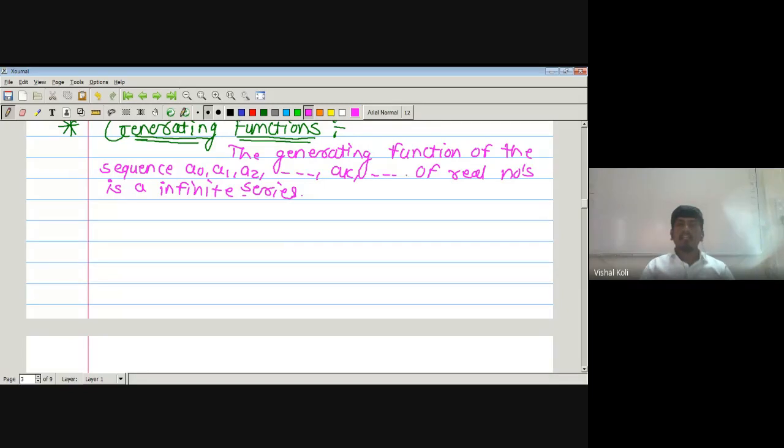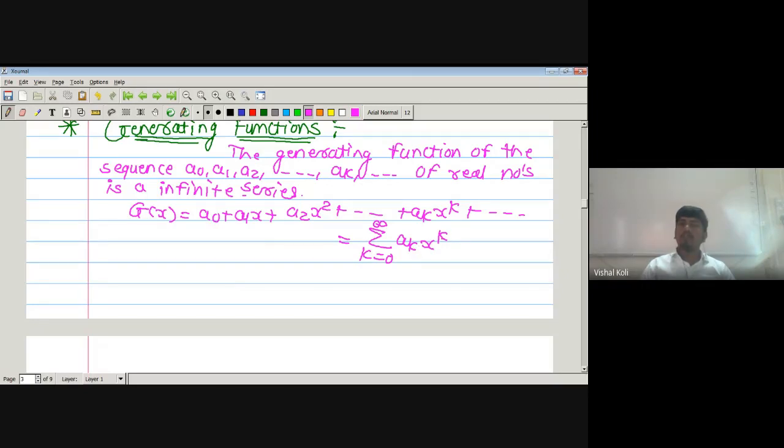That is, for the given sequence, the generating function g(x) is nothing but a naught plus a1x plus a2x squared plus up to so on ak x raised to k plus up to so on, and it can be written as summation k running from 0 to infinity of ak x raised to k. If k equal to 0, then it is nothing but a naught x raised to 0.